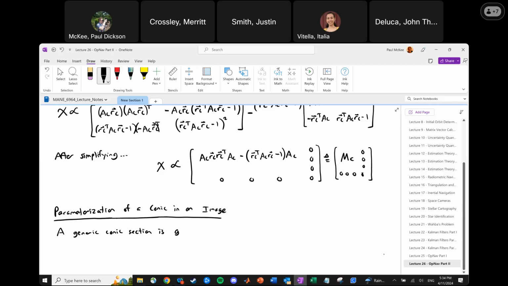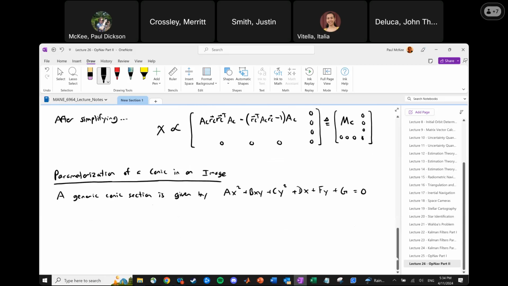is given by, this is just true in general, ax squared plus bxy plus cy squared plus dx plus fy plus g equals 0, right?